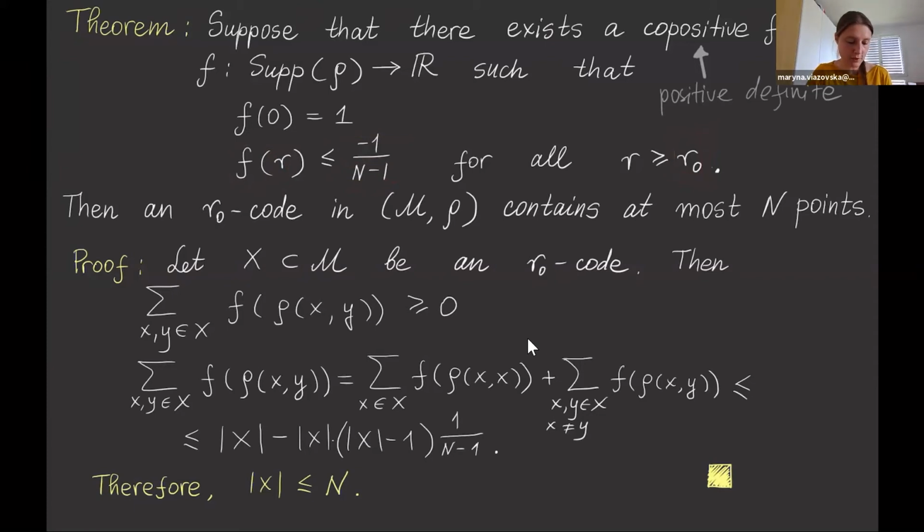If such a function exists, then we know that an r0 code in this metric space can contain at most capital N points.